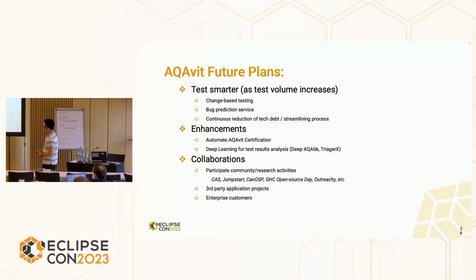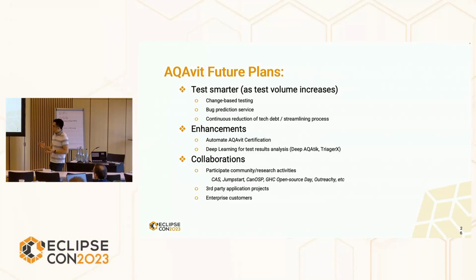Another thing we are doing is the third-party application projects. As mentioned, for the container-based testing, we actually run some third-party applications inside of containers when we test with our published Docker images. We're running with OpenShift.